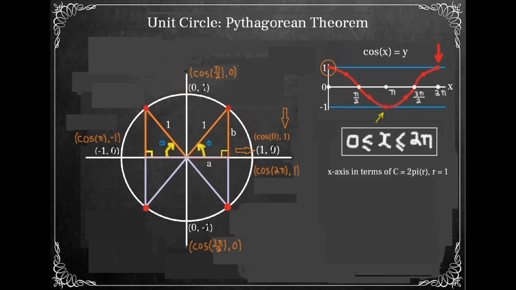For example, the point cos pi and -1 corresponds with the yellow arrow. The point cos 2 pi and 1 corresponds with the red arrow. Voila! We plotted cos x equals y, using our new domain in the white box, the x-axis in terms of c.